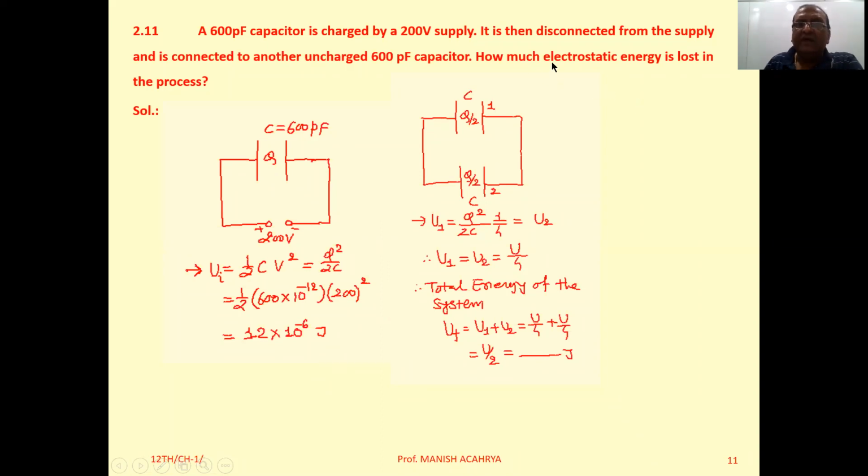Now, how much electrostatic energy is lost in this process? So loss of energy, that is initial minus final. So 12 into 10 raised to minus 6 minus 6 into 10 raised to minus 6. So that will come to 6 into 10 raised to minus 6. Clear to all of you?